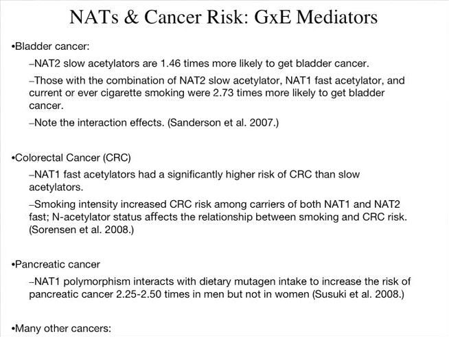However, if you have that combination of that allele plus an NAT1 fast acetylator, and you ever smoked cigarettes, you're 2.73 times more likely to get bladder cancer. Okay, you see the interaction effect? You've got to put the two different genes together and throw in an environmental thing, and then bingo, you're starting to explain a fair amount of bladder cancer.